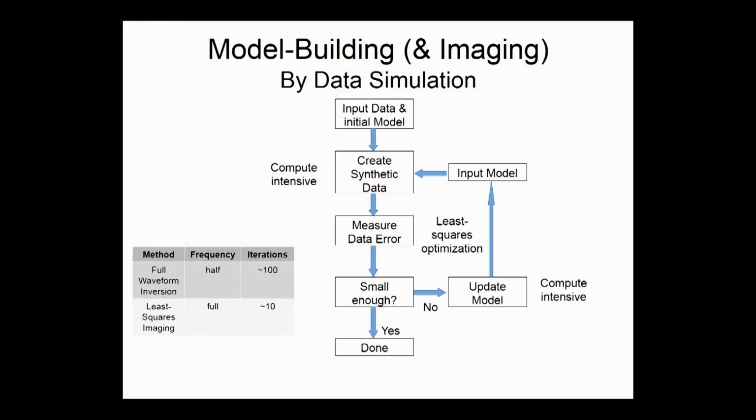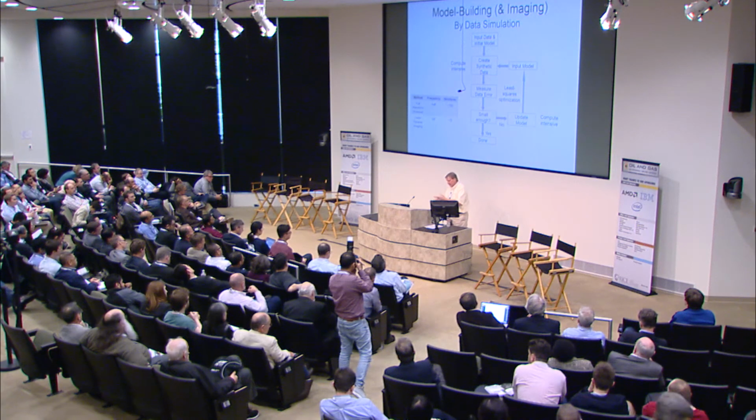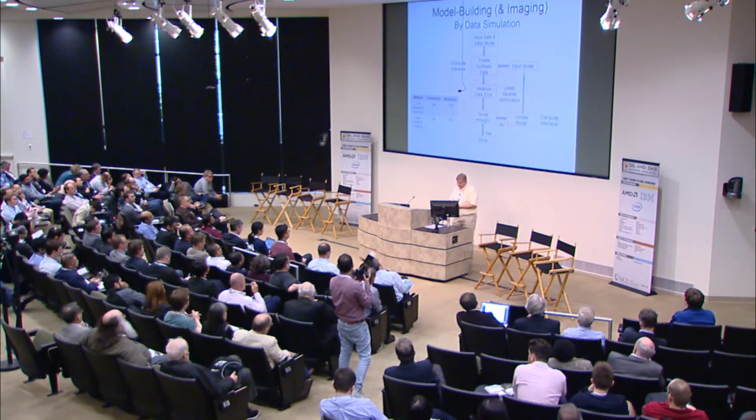Two technologies that are typically used here are full waveform inversion, which right now is done at about half the maximum frequency, but you could be doing something like 100 iterations, or least squares imaging, which typically is trying to determine the reflectivity, and that uses the full frequency that you want, but really can only afford maybe 5 to 10 iterations.